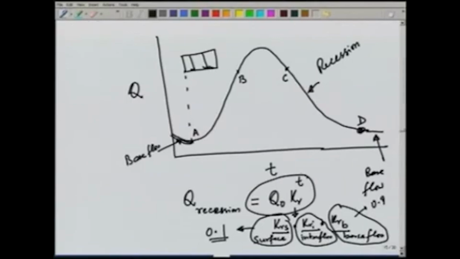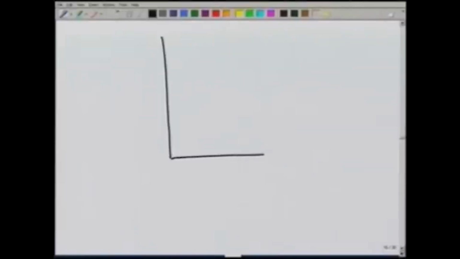So, we will look at some methods which do the base flow separation. The easiest method is to join A and D with a straight line.